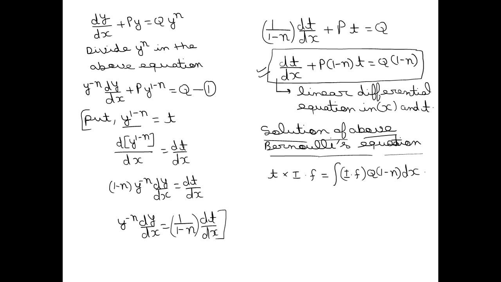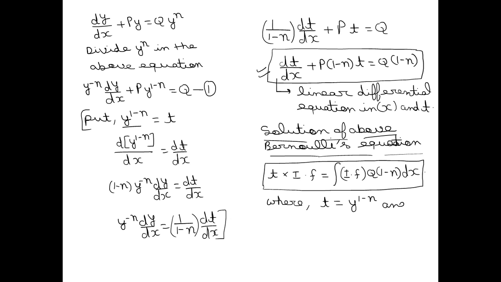Now what is the integrating factor? This is the solution, where t is y raised to the power 1 minus n, and the integrating factor is e raised to the power integral of p into 1 minus n dx.